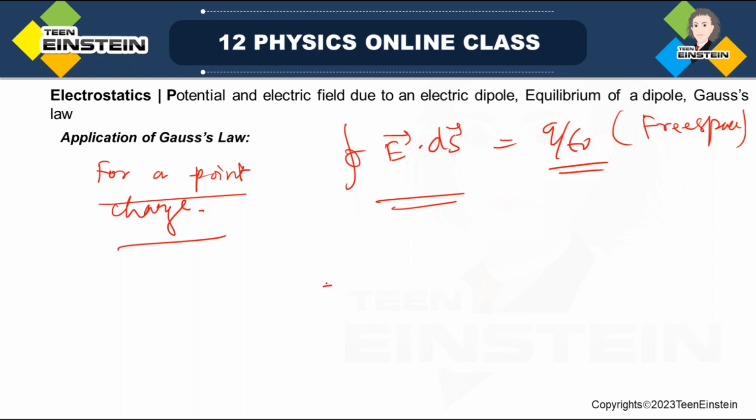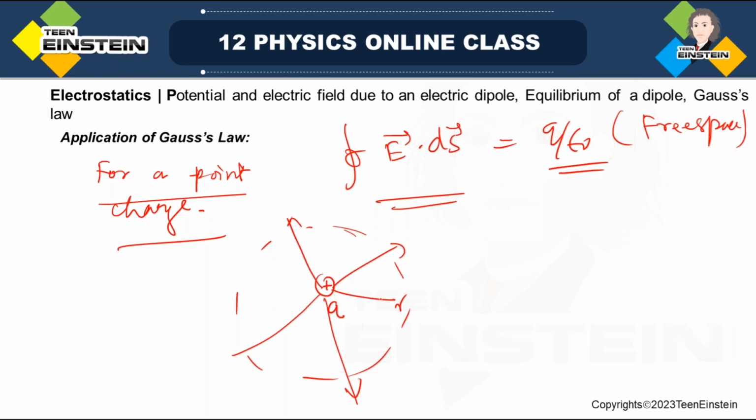How to do that? Suppose this is the point charge. We first have to construct a Gaussian surface. The electric field lines are going perpendicular to the surface, like this. Now you have to consider a sphere of radius r, a Gaussian surface at a distance r.